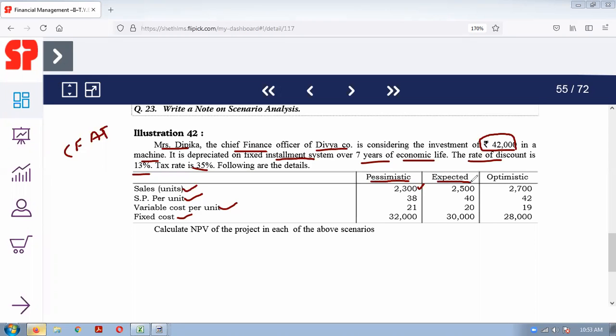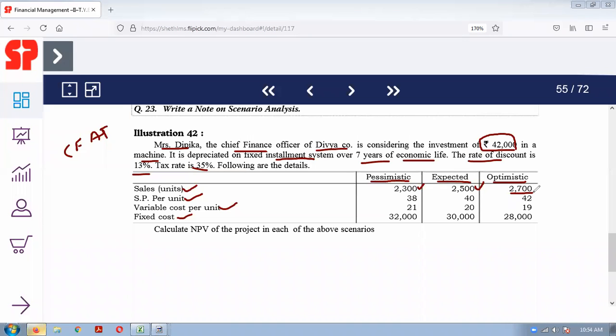If it is average, that is most likely, the normal situation, you can sell up to 2,500 units. If you make an optimistic expectation, that is, you assume that everything will be correct in the coming years, then the chief financial officer has estimated that you can sell up to 2,700 units of your product.